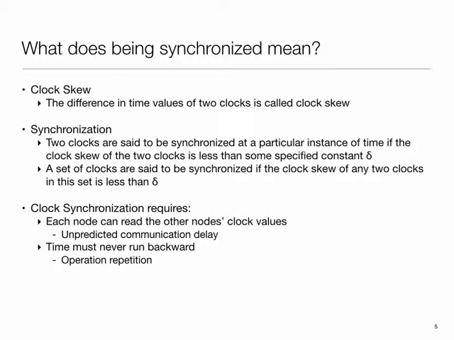So a node always gets to see the time after some unpredictable amount of one-way delay between the two nodes, which we don't know. So by the time I see the message arriving, there are two sources of errors.